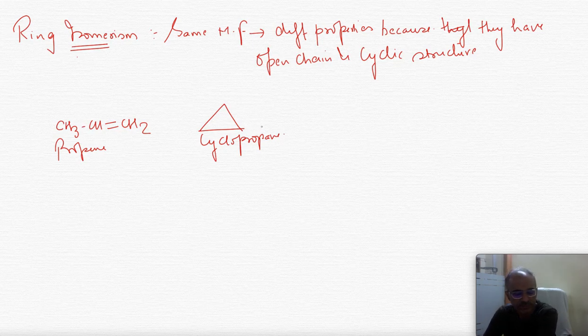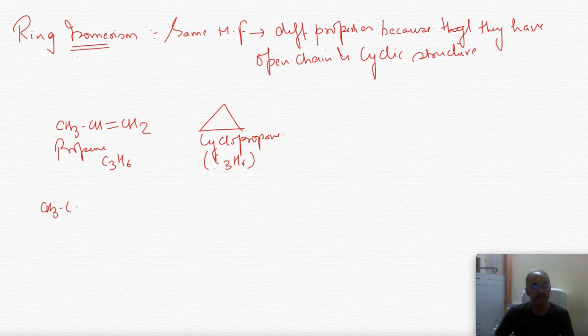Cyclopropane and propene both have the same molecular formula, C3H6. This also is C3H6, right? Cyclopropane.